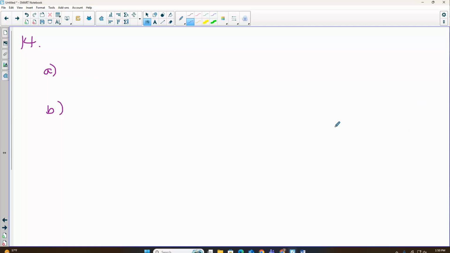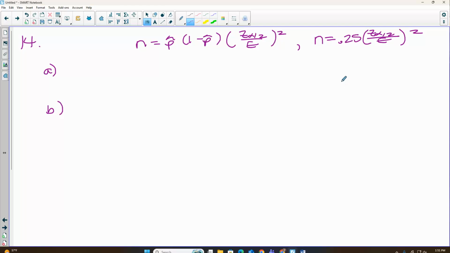Proportion. Okay. Part A tells me the study indicates a percentage is 34%. So if you look under that first bullet on sample size, it gives us 2 formulas. n equals p hat times 1 minus p hat, times z alpha over 2 divided by e, squared, where p hat is a prior estimate, or n equals 0.25 times z alpha over 2 divided by e, squared, when there's no prior estimate available.